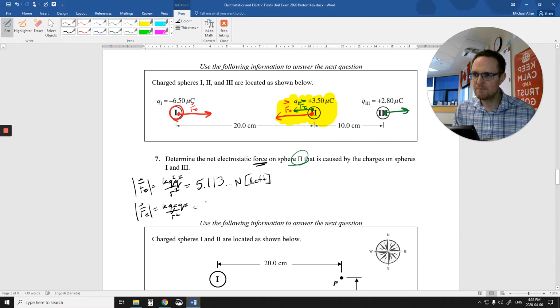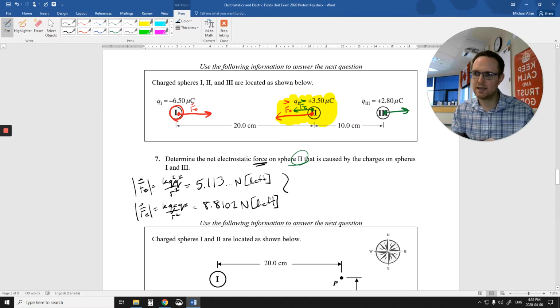They were closer, like half the distance. So it's quadruple this, because you halved the distance, it's quadruple the force. That's also a third, so it is bigger. It ends up being 8.8102 to the left. Okay, I should spell left correctly.